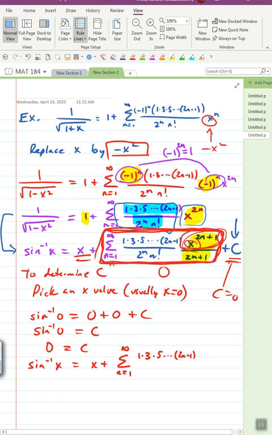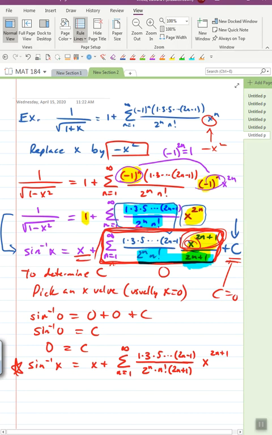It may be, but I don't think so. And the only thing I did there is I just moved the 2n plus 1 over into the denominator here and put those together. So in case you need it, there is the power series for sine inverse.